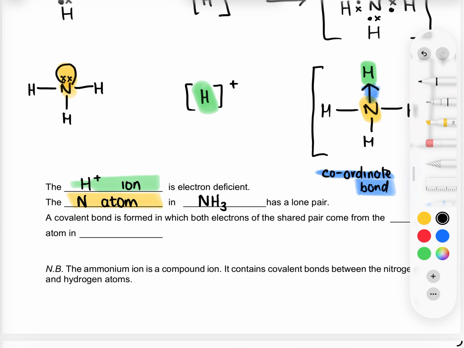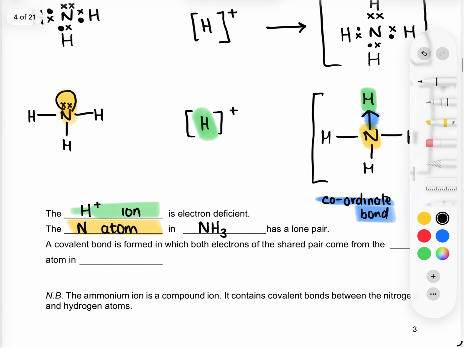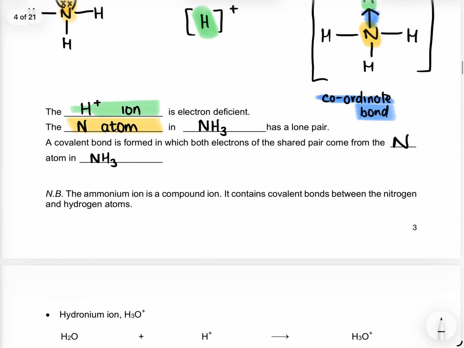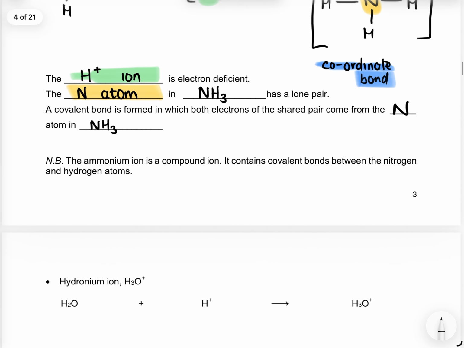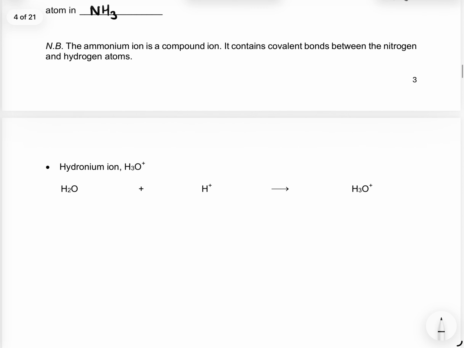So don't say NH3 has a lone pair, say which specific atom, because the definition says the shared pair come from the same atom. So a covalent bond is formed in which both electrons of the shared pair come from the nitrogen atom in ammonia. So we've got standard covalent bonds and a coordinate bond.